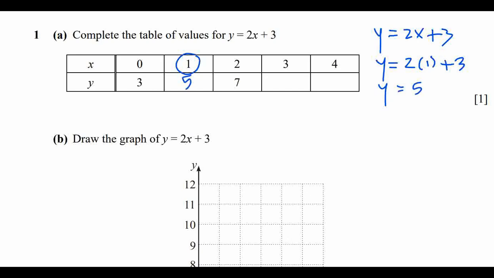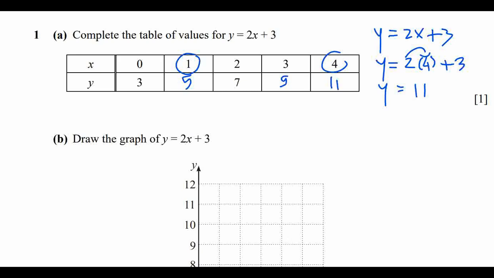If it's 3, then we have to substitute x with 3. So 2 times 3 is 6, 6 plus 3 is 9. And then if x is 4, we substitute it with 4. 2 times 4 is 8, 8 plus 3 is 11.